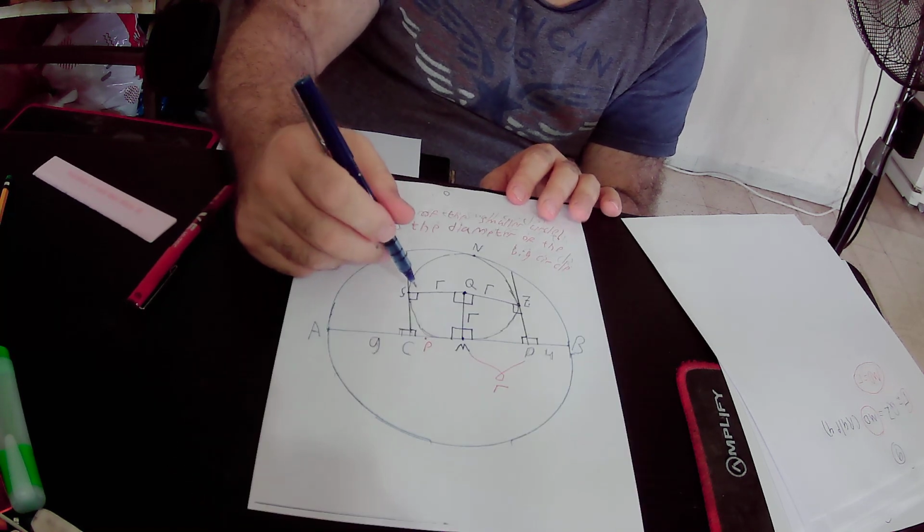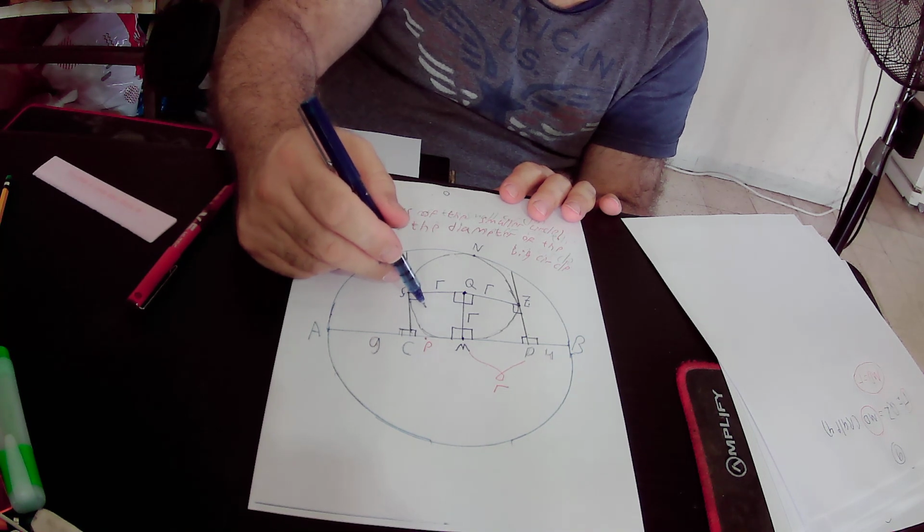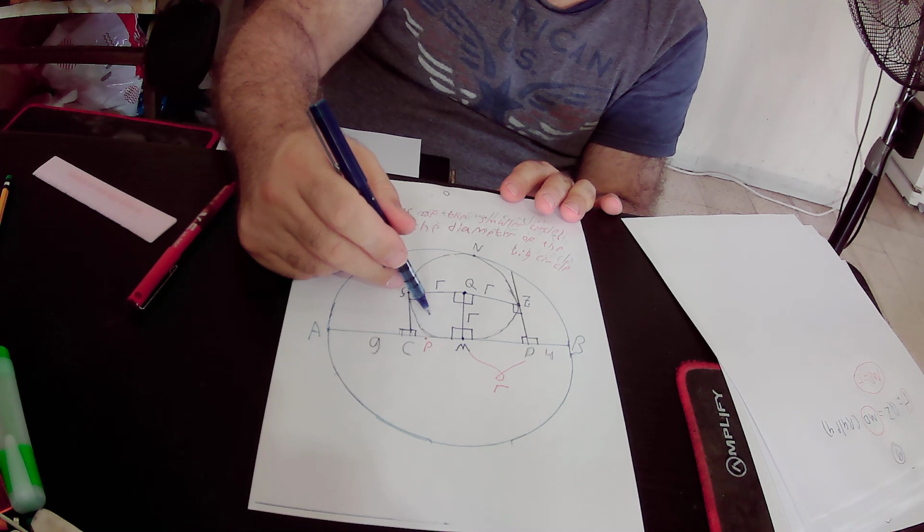So quadrilateral QSCM has 4 right angles. So according to rule number 3, quadrilateral QSCM is a rectangle.